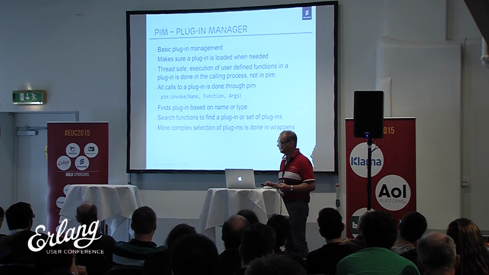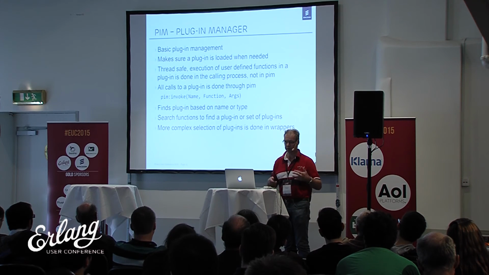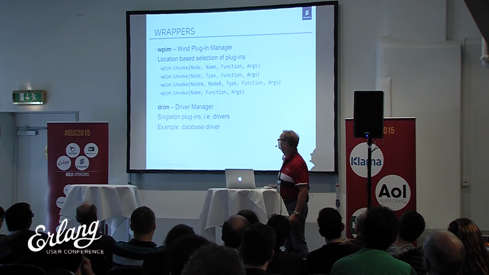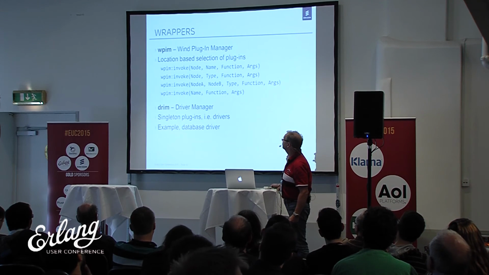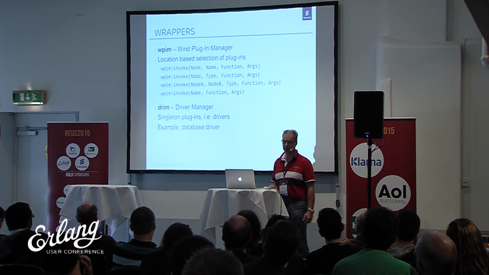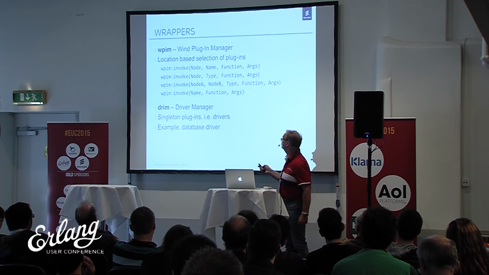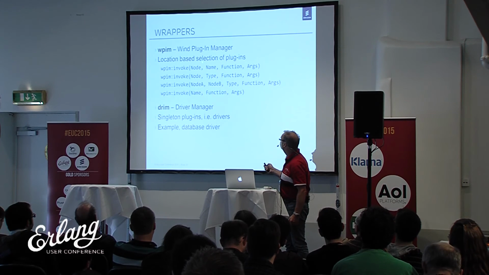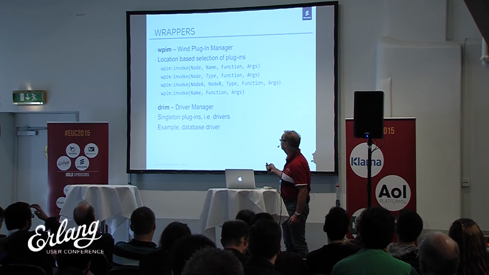If you want more complex ways to find the right plugin, then we see, as I was using, this WAN plugin manager that is based on location. Here we can specify the node, the name, a function, or a type for a different node.